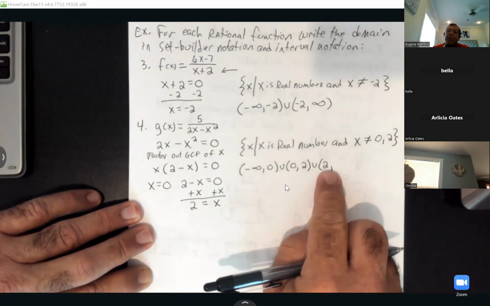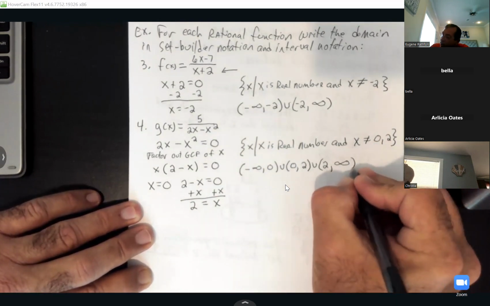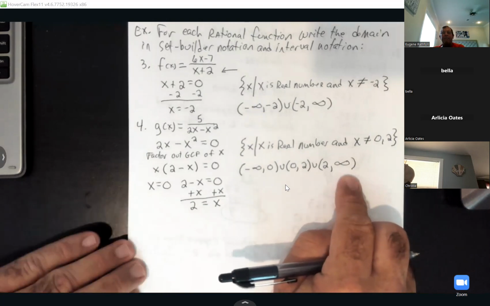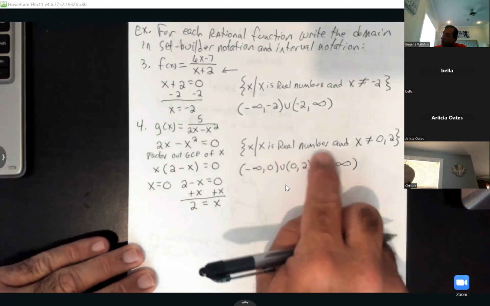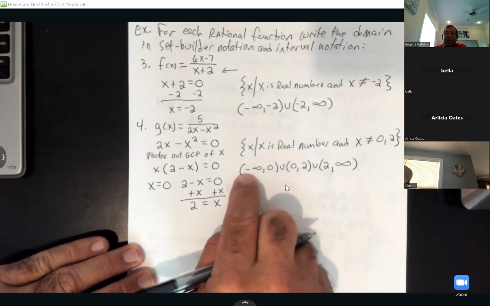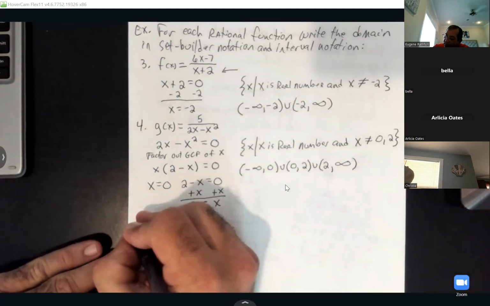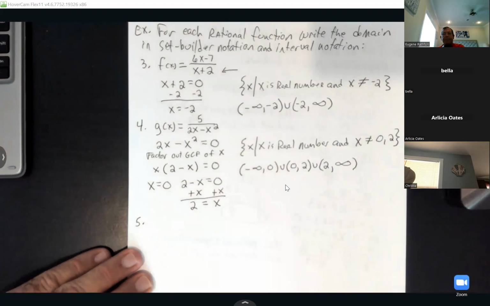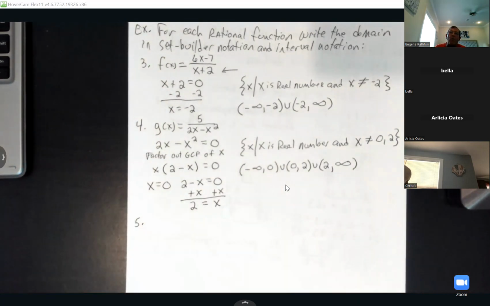But y'all, from 2, there's no more restrictions, so I'm going to go all the way to positive infinity. So notice 2 numbers got kicked out, so I had to do the union twice. But it still starts with a negative infinity and it ends with a positive infinity. So y'all, it's not much more than what you did on my second test.